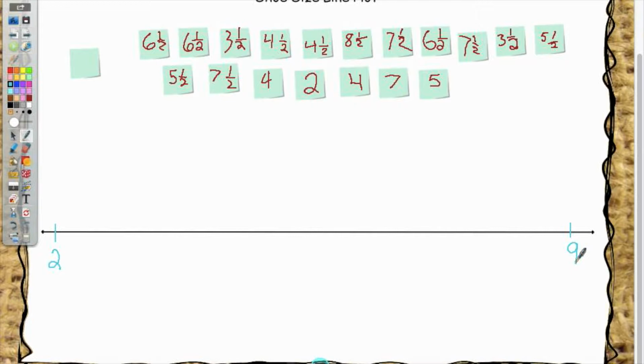So now I have to go between 2 and 9. 9 minus 2 is 7. So I'm going to need 6 tick marks, right? Is that right? Because I need 7 spaces, so I need 6 tick marks? Oh, yeah.